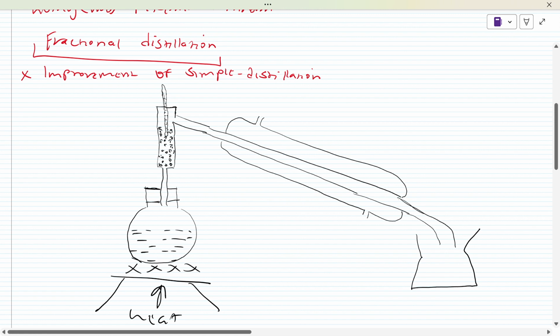Now, in labeling, I need to label. So this is my thermometer. Or let me use a different color. Green is better.